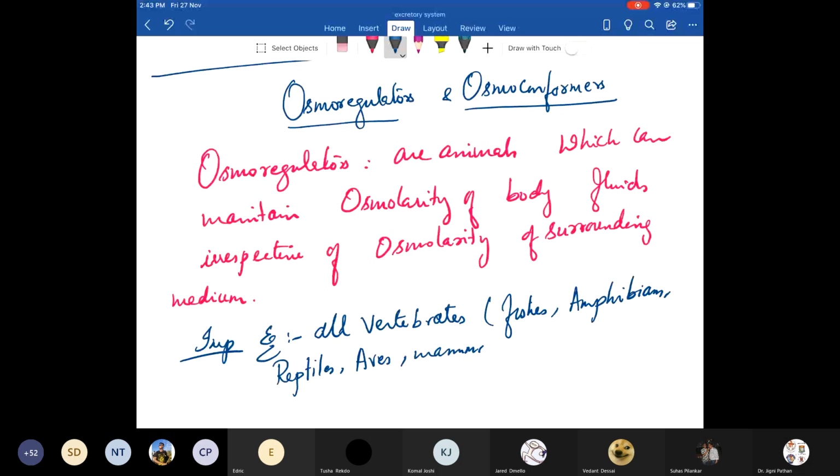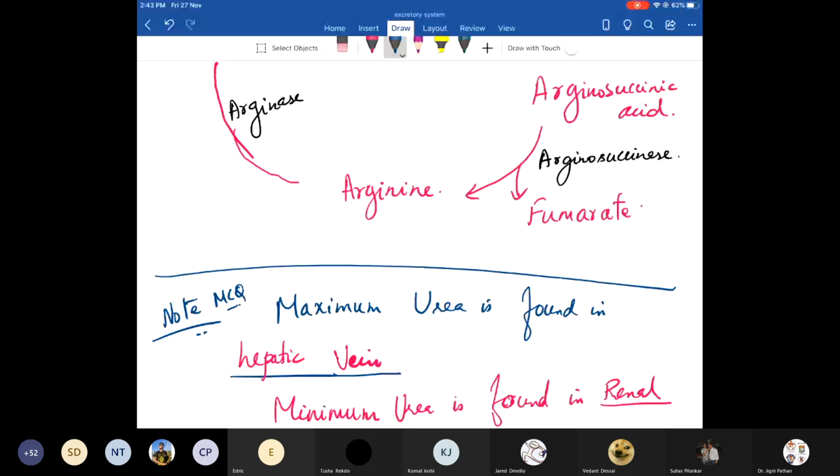We maintain the osmolarity of our body irrespective of the surrounding osmolarity. We don't keep on changing, right?